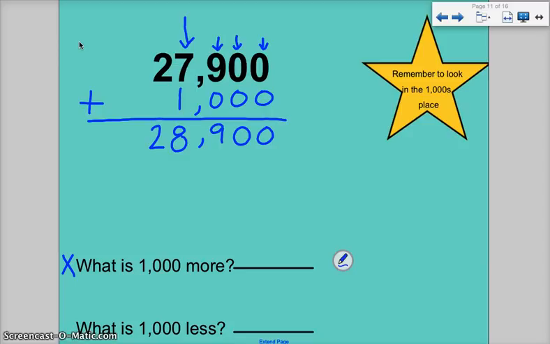So what is 1,000 more than 27,900? 28,900 is 1,000 more. Again, noticing that the number that changed was the number in the thousands place. Okay. When I see what is 1,000 less, less means I'm going to be taking something away, so I know that I will be subtracting.